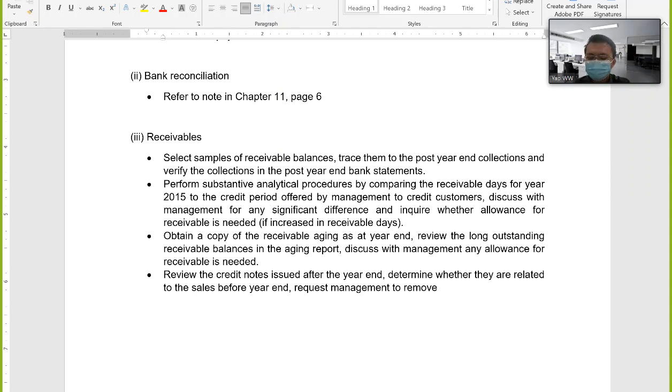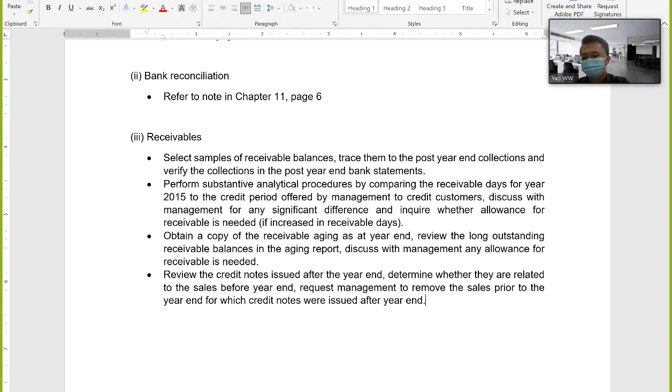Request management to remove the sales prior to the year end for which credit notes were issued after year end. Okay, ask management to remove those sales.